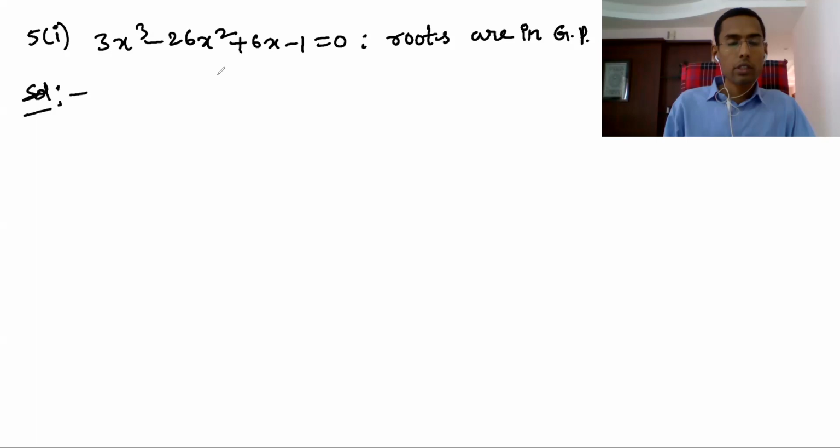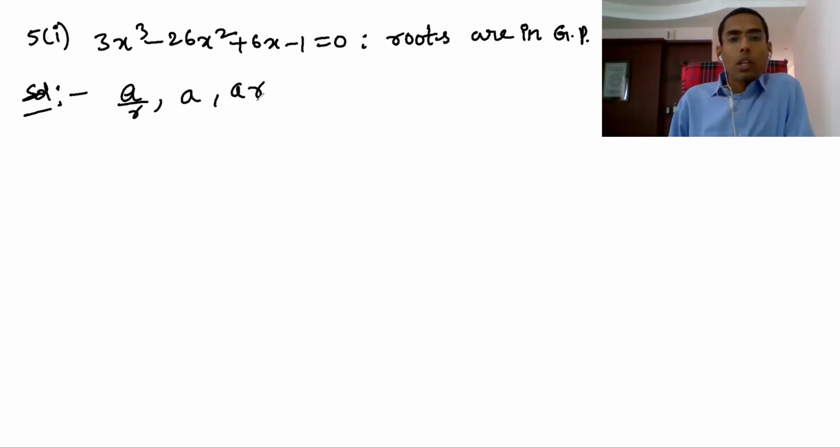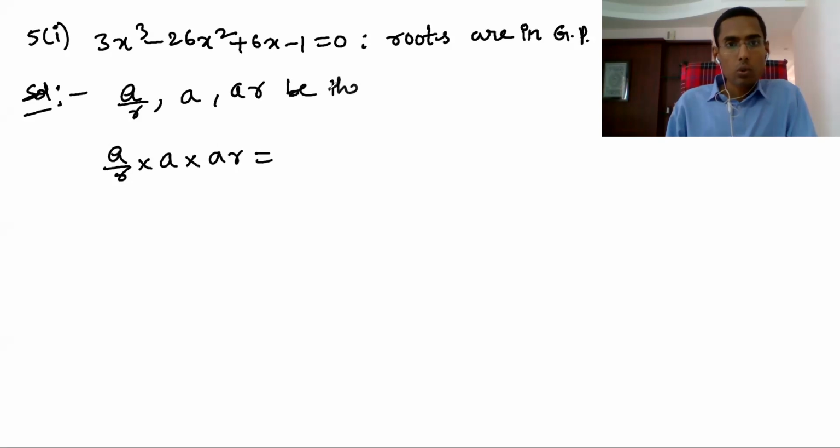So let's take the roots as a by r, a, ar. Like this you have to take. Why? If you take it like this, the product of the roots is a by r into a into ar, which is a cube. Now the product of the roots is minus of minus 1 by 3, that is 1 by 3.